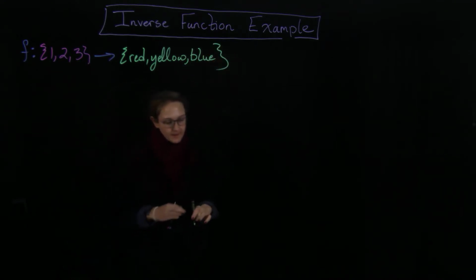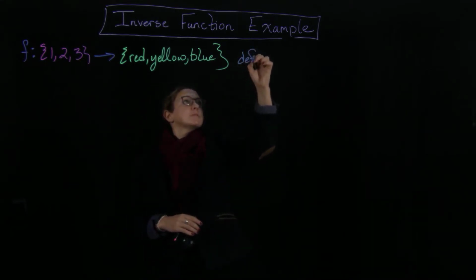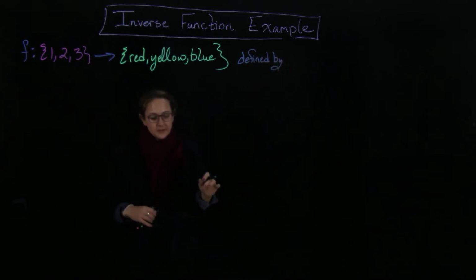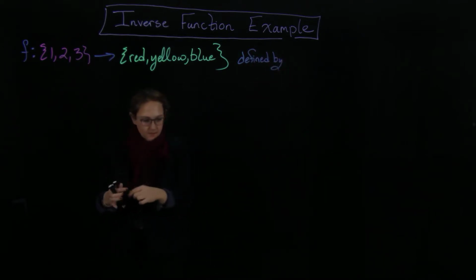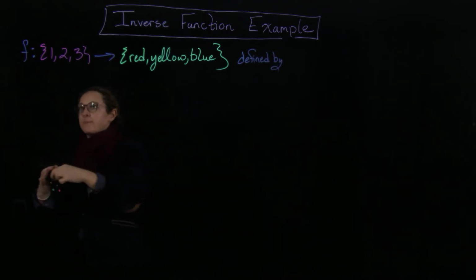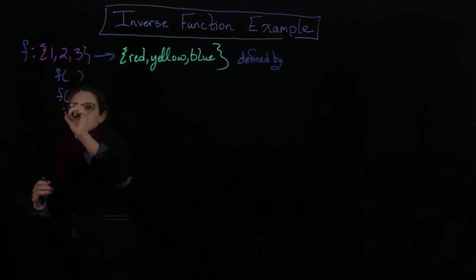And it's going to be defined by, so we're going to say f of 1 is going to equal blue. Maybe I'll write each of these like this so I can do them all at the same time.